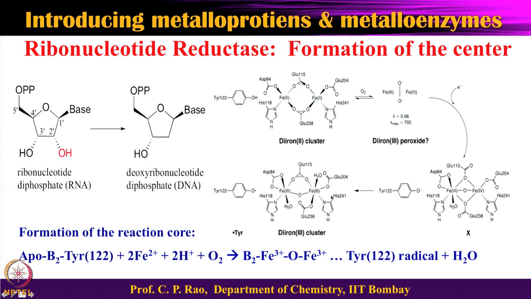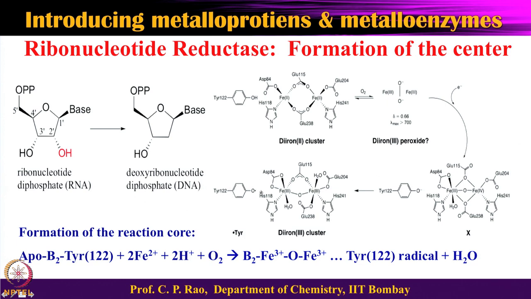Okay. So, you are oxidizing the iron, and when you oxidize the iron, then as mentioned, the oxo bridge will also come. So, this oxo bridge is already there, and this oxo bridge and the oxidized iron center are now sufficient, with electron reduction, to give the tyrosine radical.